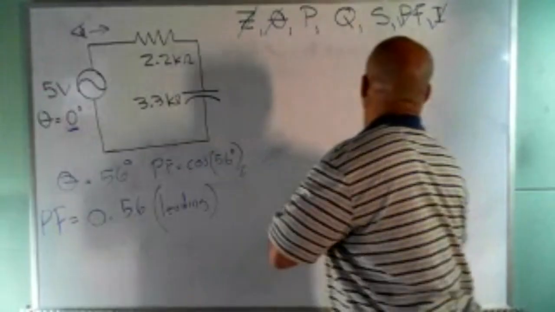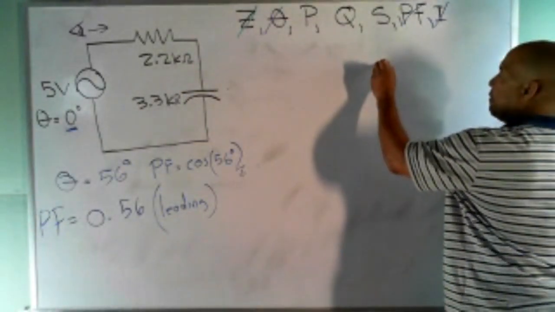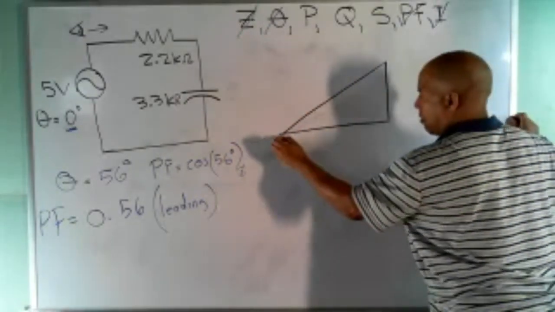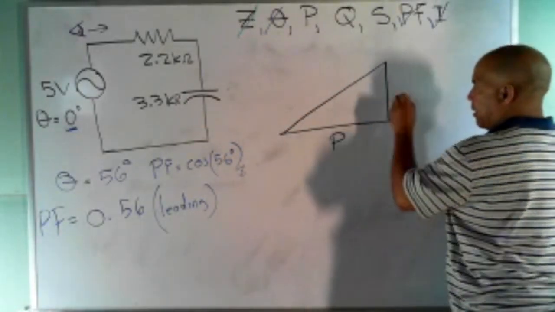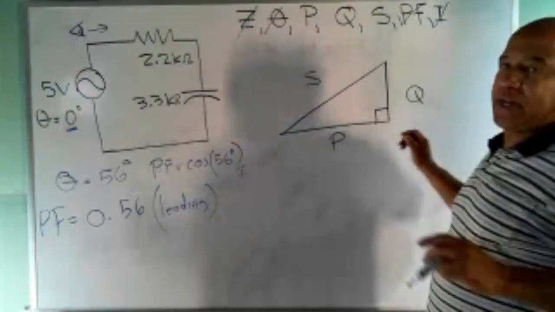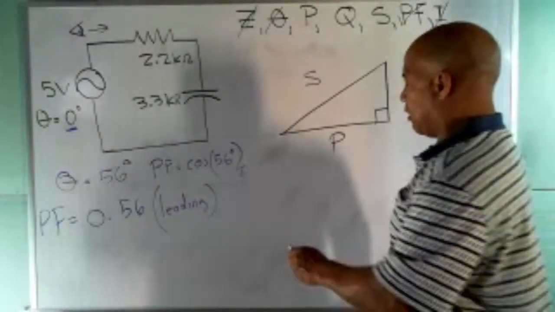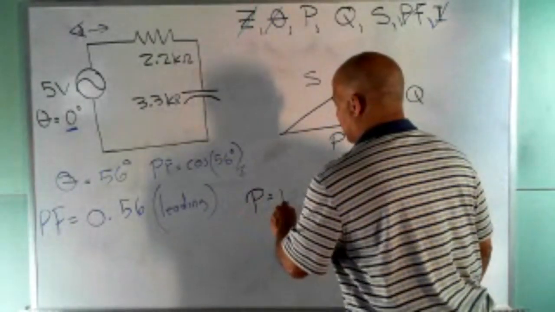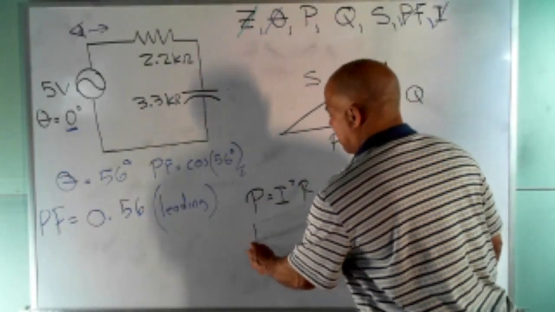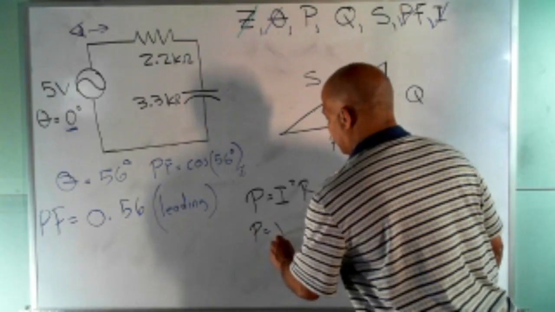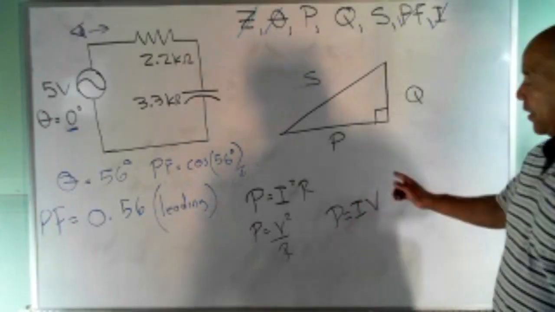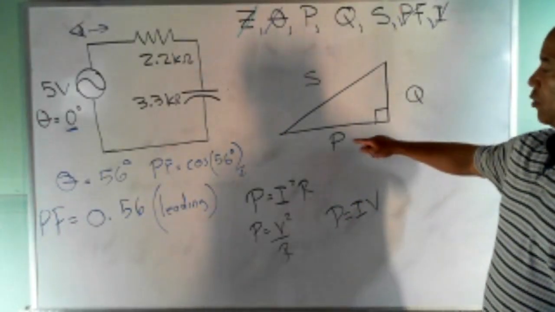So on the power triangle, I got P, I got Q, I got S. What you do is use any form of Watt's law, like P equals I squared R, P equals V squared over R, P equals V times I. I can use any of these forms to get the two legs of the triangle.